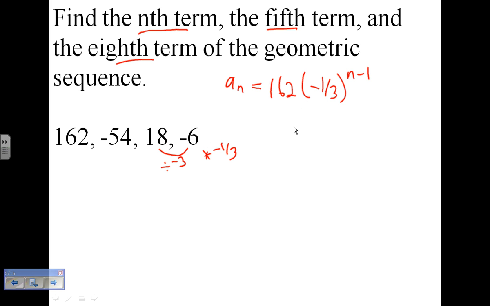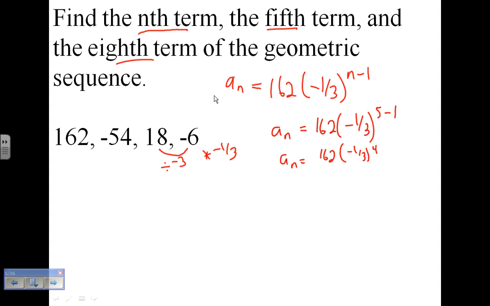So, the fifth term, take a sub n equals 162 times -1/3 to the 5 minus 1. A sub n equals 162, and then you have -1/3 to the 4th. Punch that out.